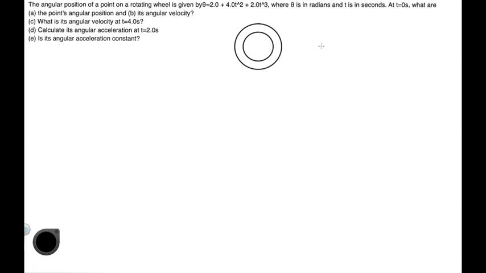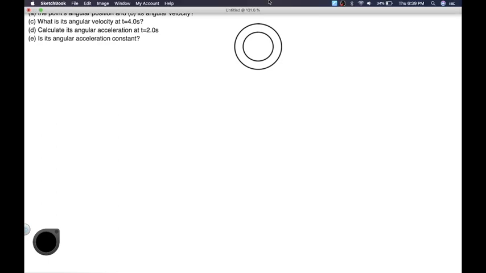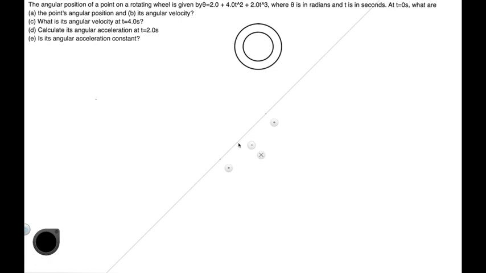As you can see, I've already drawn our wheel right here. Now let's go ahead and superimpose an x and y axis on top of the wheel. Here we have our y axis, and here we have our x-axis.